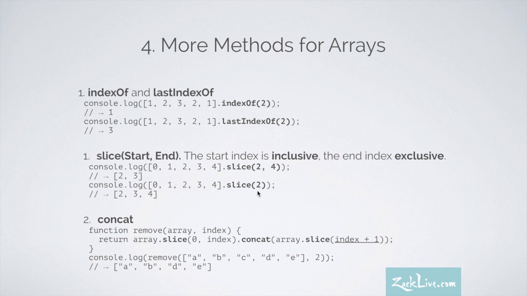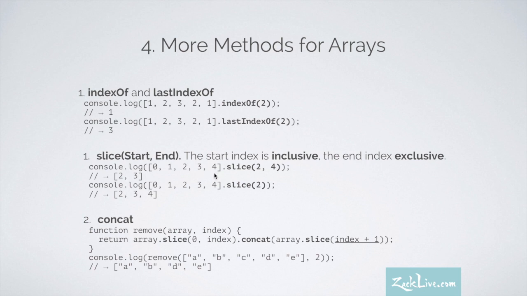Slice cuts off a string from the start index to the end index, but the start index is inclusive and the end index is exclusive. So in this example, we cut off from index 2 to index 4. The index 2 contains the number 2, so we will get this one, and the next one, 3.